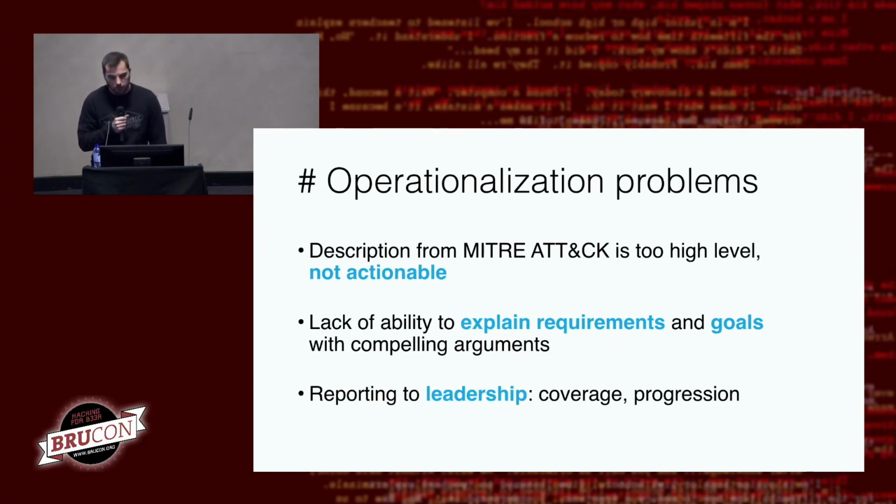It does not provide us the information what exactly we have to configure, how to configure it, and where to configure it. Another problem is reporting to the leadership. So what is the current coverage? What is the progression when you decide to work with the MITRE ATT&CK framework?